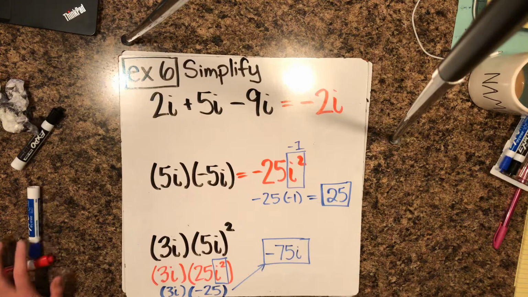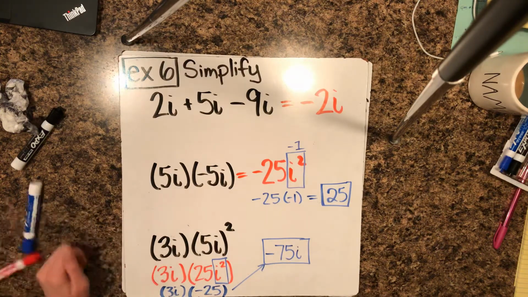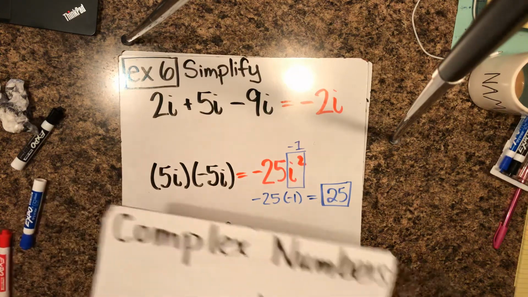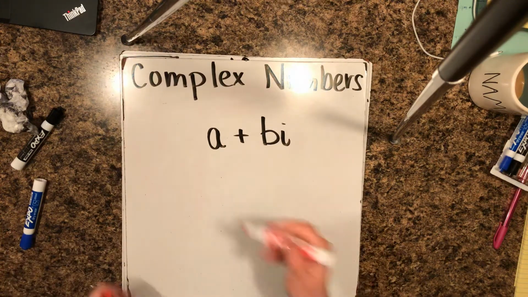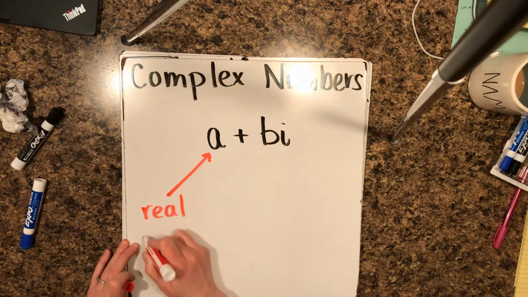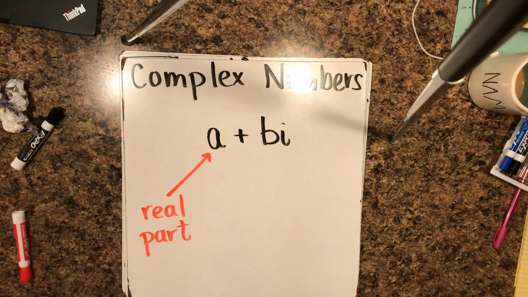Now, real numbers are what you've known your whole entire life. Imaginary numbers are what we just started talking about today. When we put real and imaginary together, we get what's called complex numbers. This is the real part, just the a value, and this is the imaginary part.